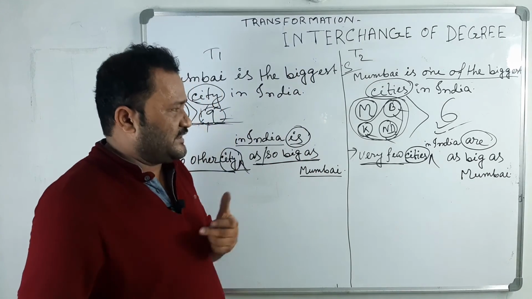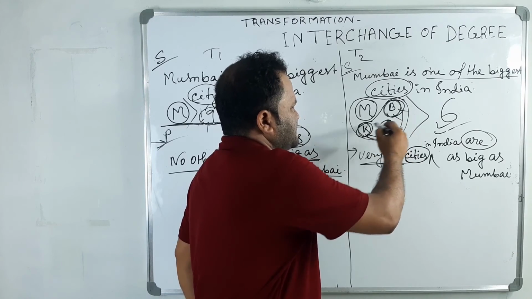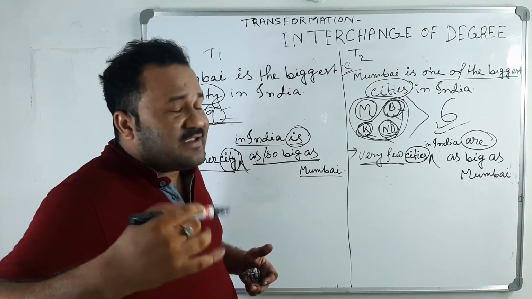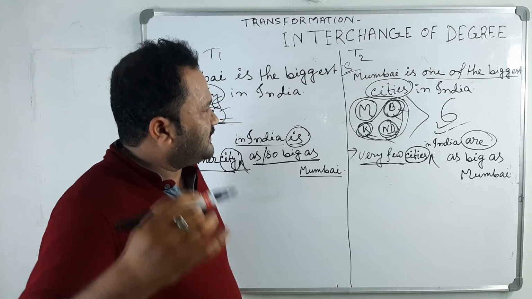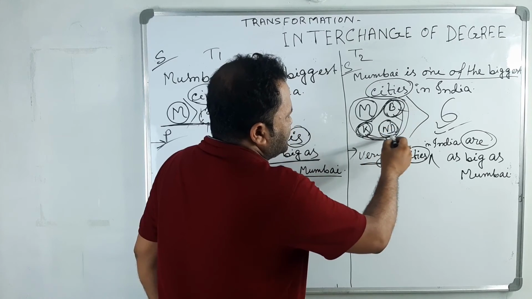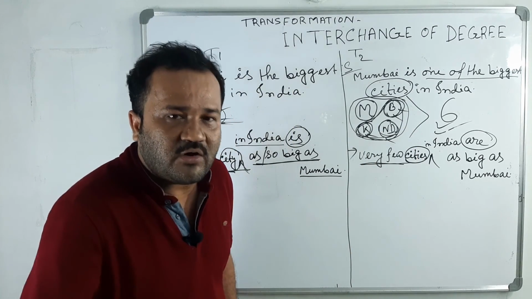So very few cities in India, that is very few cities like these 3 cities. Okay, I am talking about 3 cities, but it is not exact. I just have to give an example. That's why I am saying very few cities in India are as big as Mumbai.